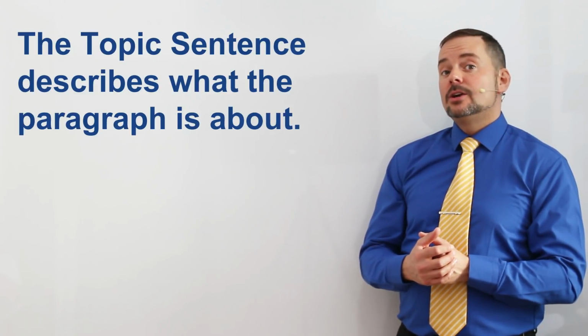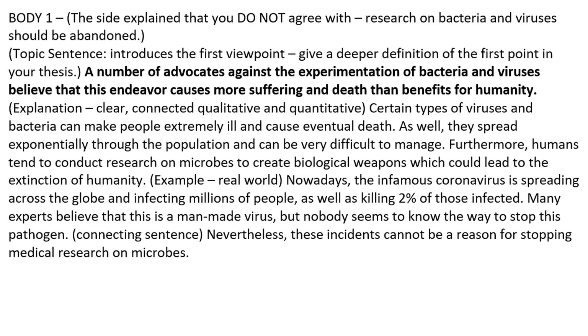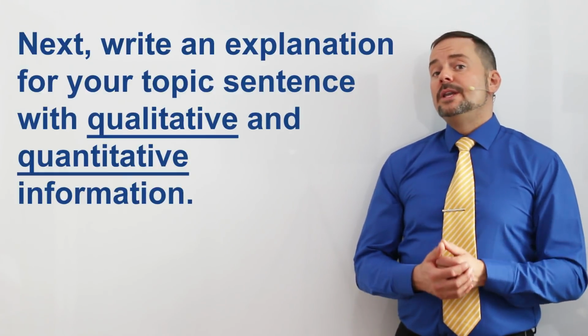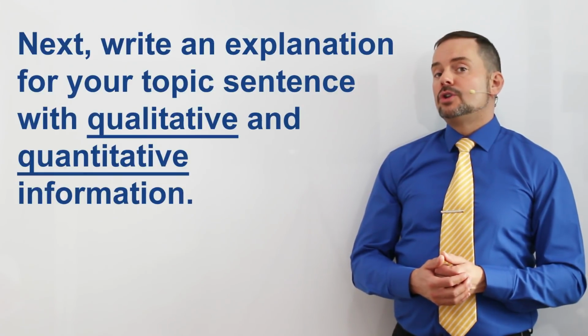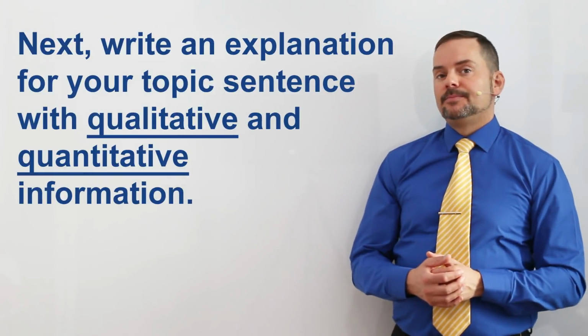So let's take a look at this topic sentence. A number of advocates against the experimentation of bacteria and viruses believe that this endeavor causes more suffering and death than benefits to humanity.